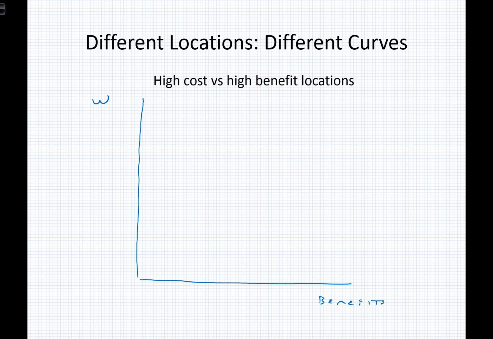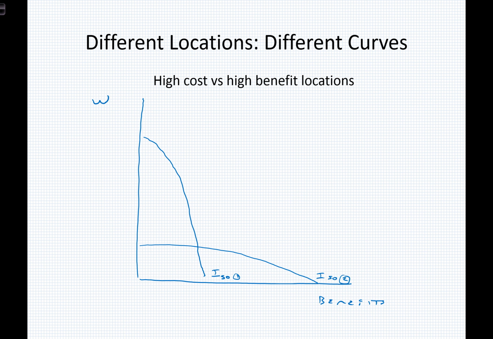So that might be an ISO benefit curve that looks like this. So it's really very steep. Let's say that's an ISO benefit curve of 1. Versus another location that might have low wages but extremely high social benefits and other benefits. So that's an ISO benefit 2.